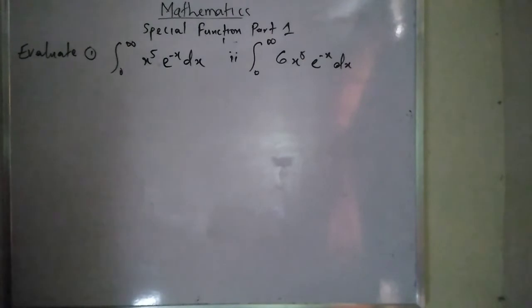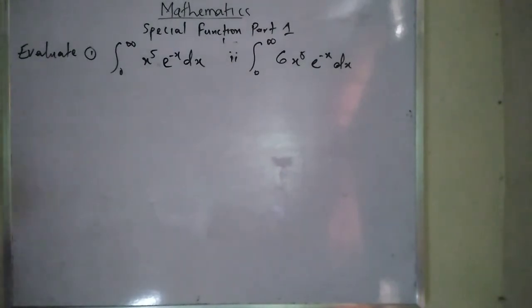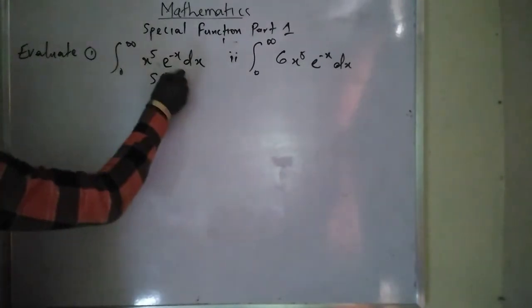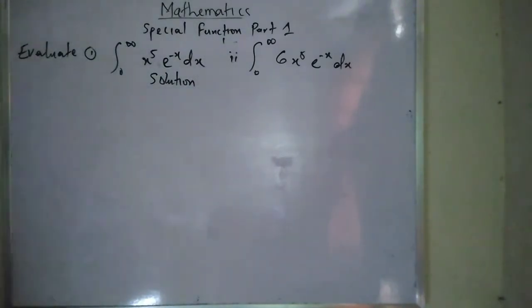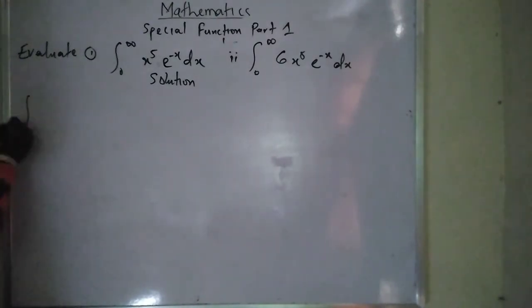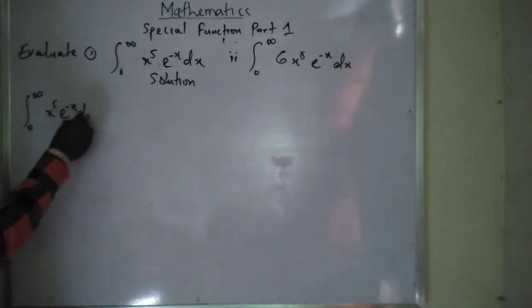I will go by a special function, which is called the gamma function. Now, how do I solve this? Solution to this problem. The first one, what is my integral? I have the integral from 0 to infinity of x raised to the power 5, e to the power minus x dx.